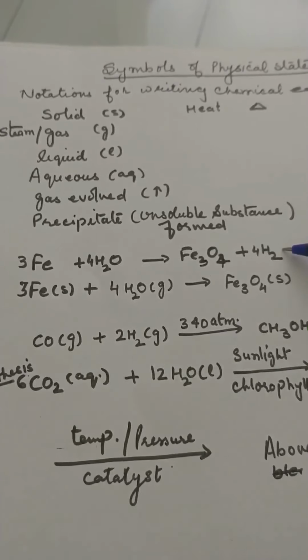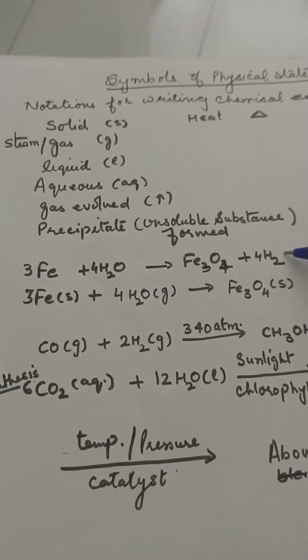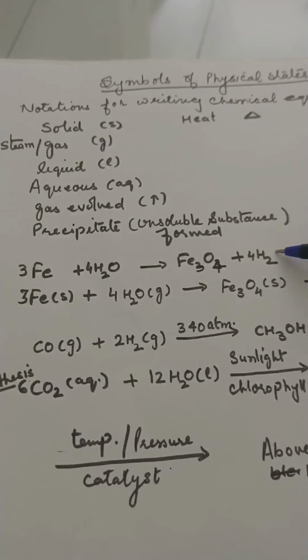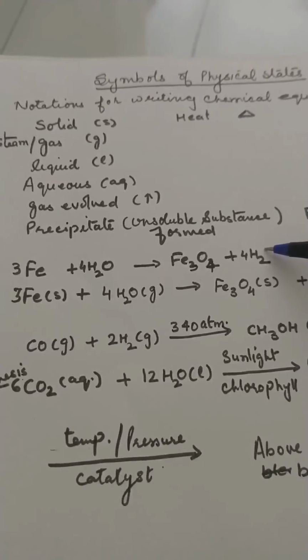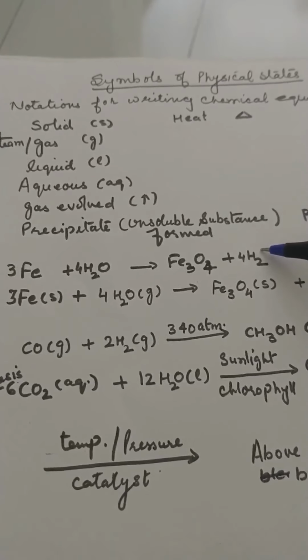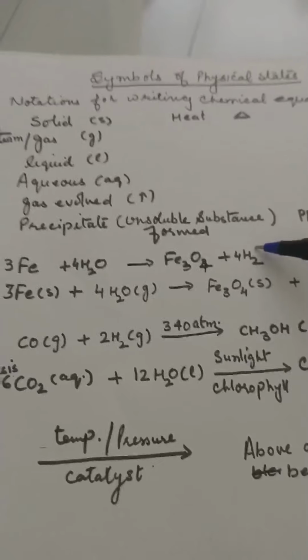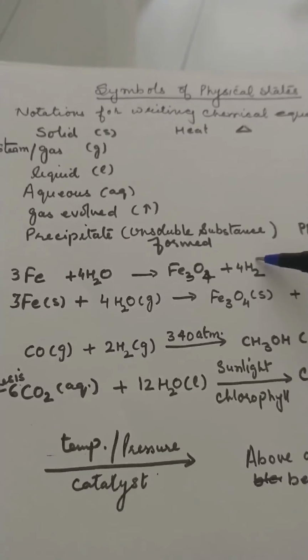So if you just look at this chemical reaction, immediately you will say it is a balanced chemical reaction, correct? But do we know, does this chemical reaction tell us the physical states of the product and the reactants taking part in this chemical reaction? No.